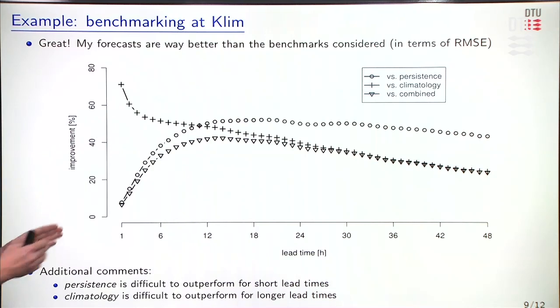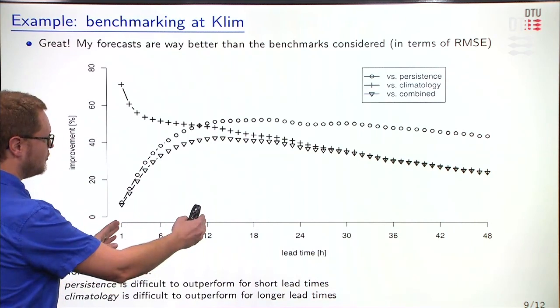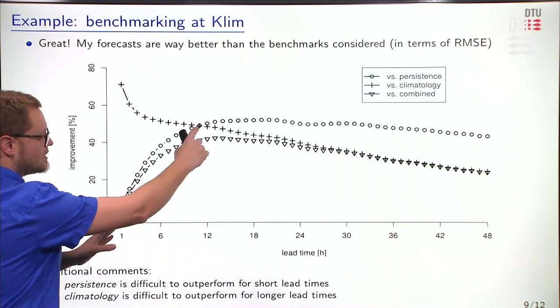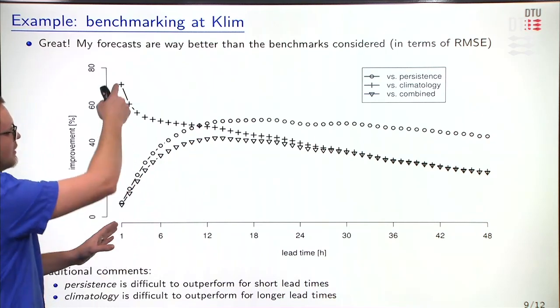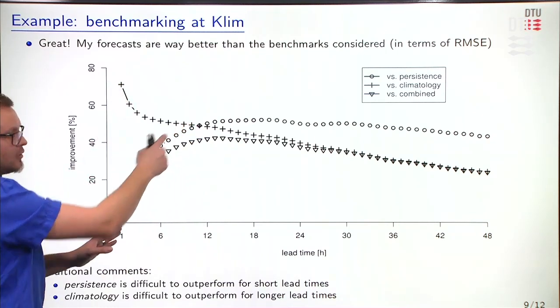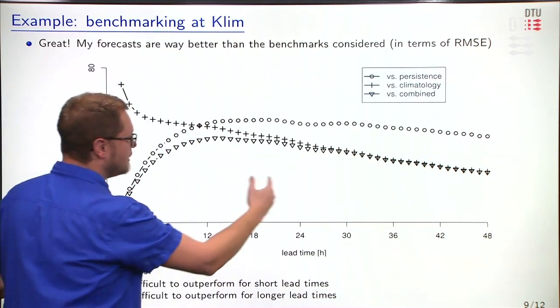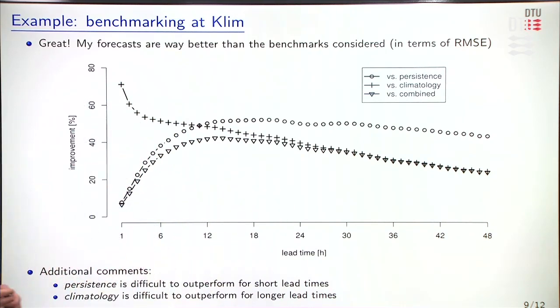You see that for short lead times, the improvement with respect to persistence is fairly low, even though we are improving steadily, while the improvement over climatology is very high. Then as we go to further lead times, we see that it tends to be the opposite.